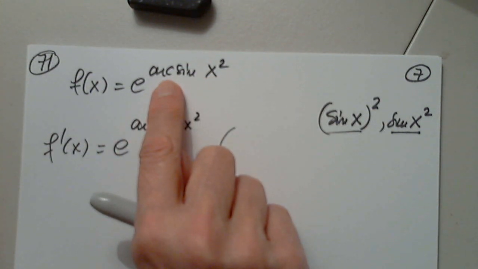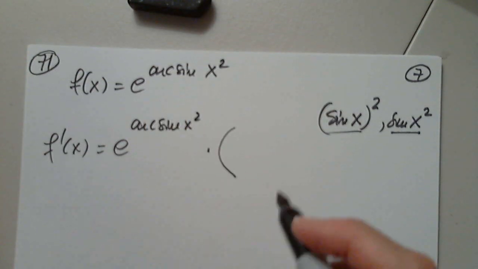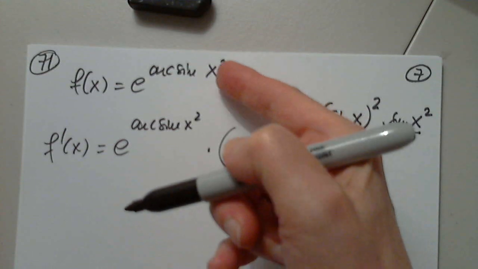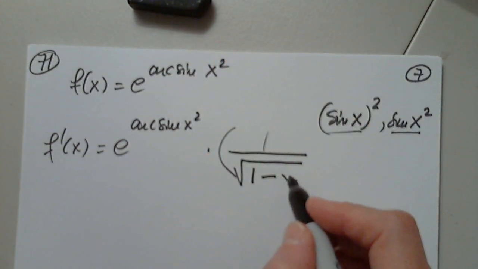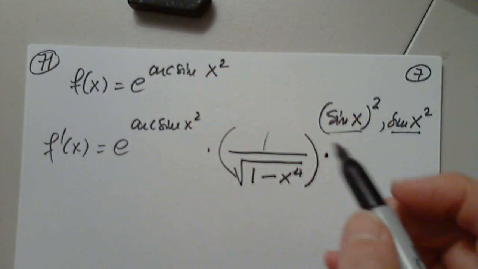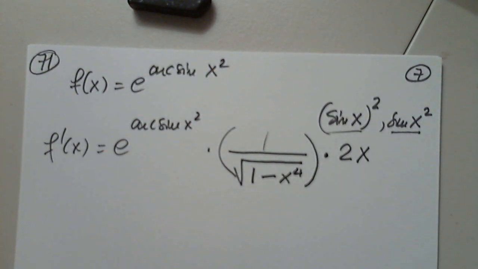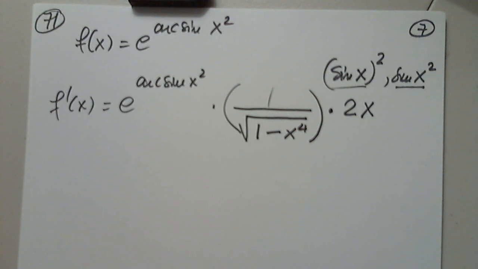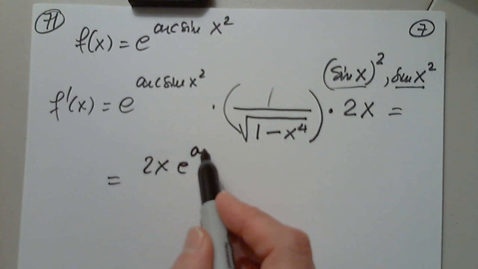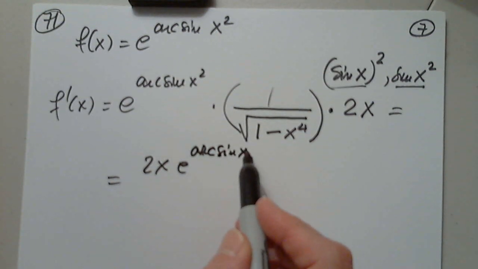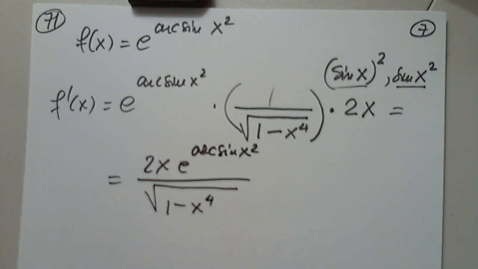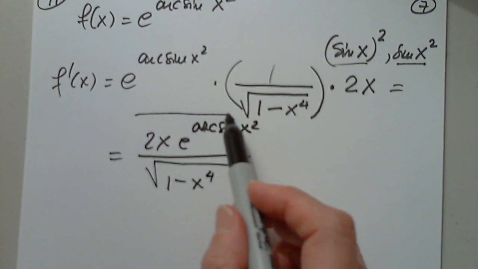When I differentiate arc sine, I get 1 over the square root of 1 minus this quantity squared, which is x to the 4th, times the inner function prime. I can condense it a little bit. I would write 2x e to arc sine x squared, everything divided by the square root of 1 minus x to the 4th. And this is it.